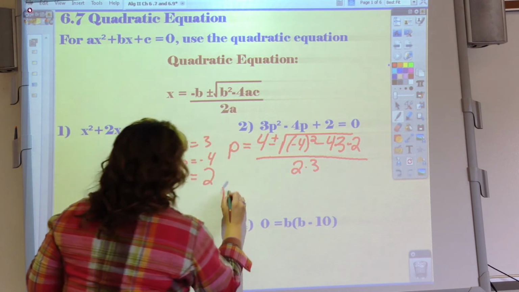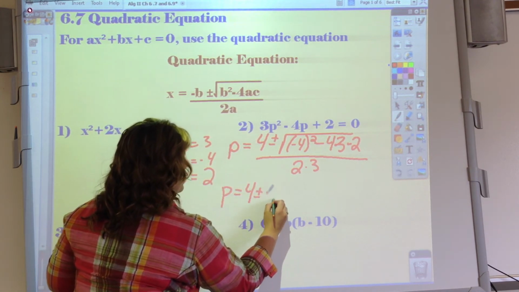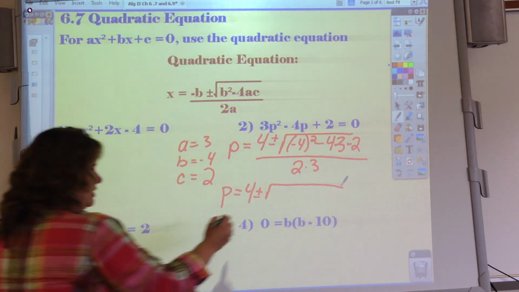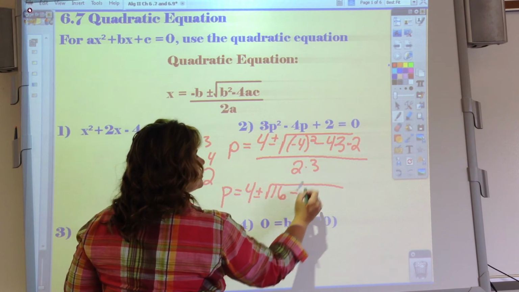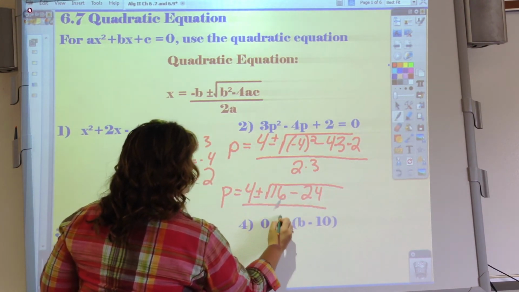In my next step, when I simplify, I get -4 squared becomes +16, minus 12 times 2 is 24, all over 6.